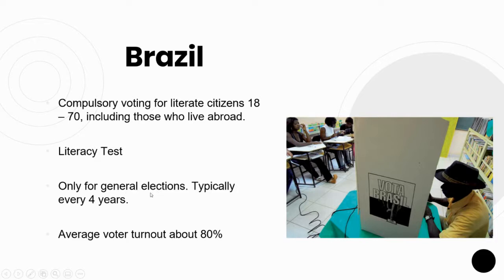Elections are typically held every 4 years, as is here in the US, and the average voter turnout is about 80%. For context, in the 2016 United States general election, we had a voter turnout of about 55%. So on average, most countries with compulsory voting have an additional 25 to 30% voter participation compared to here in the US.